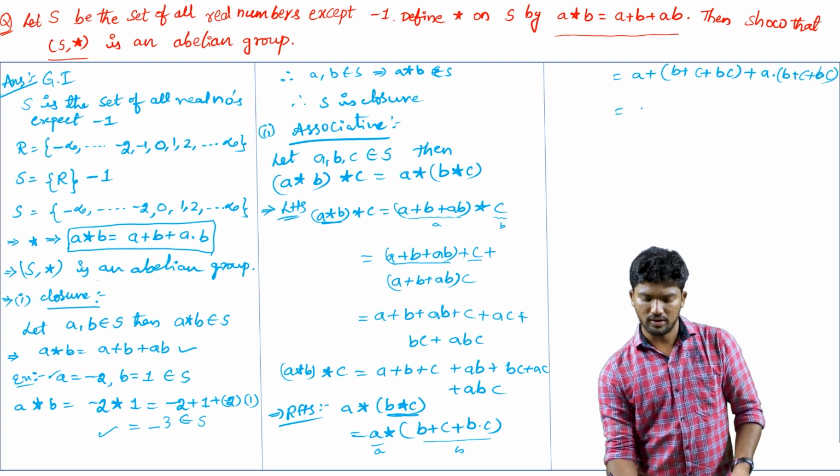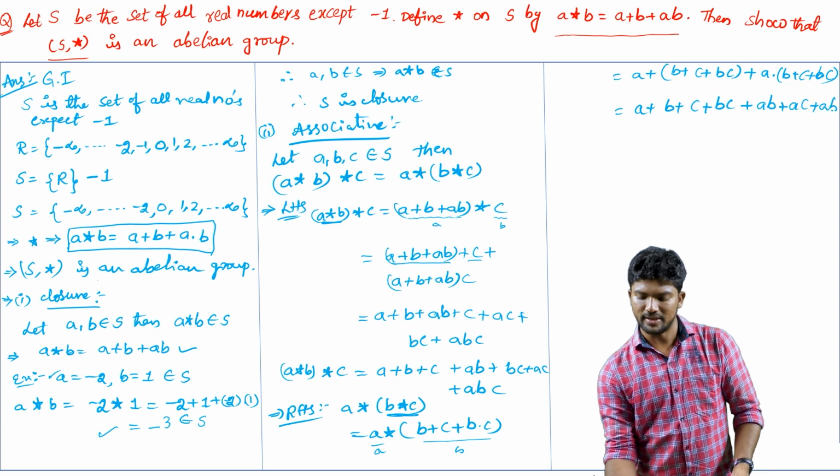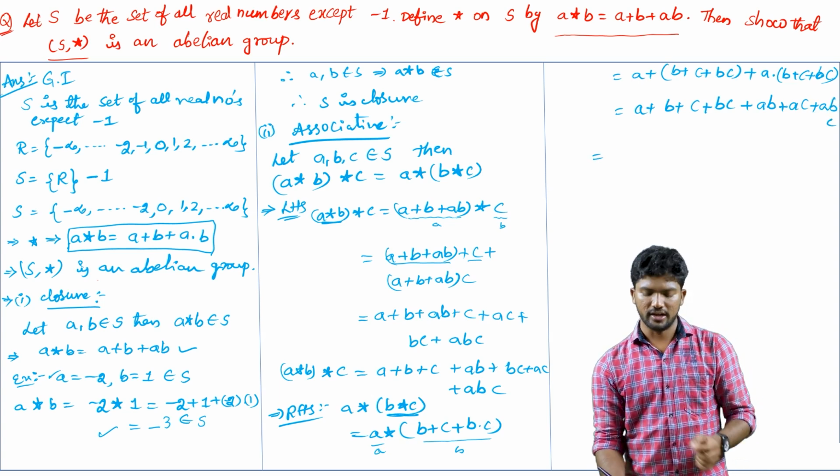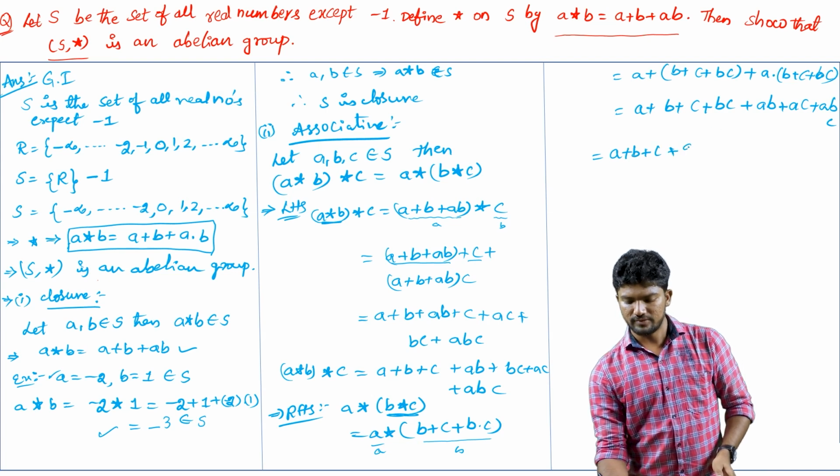Okay, so now simplify this value, A plus B plus C plus BC plus AB plus AC plus ABC. Okay, so now you can write in order wise A plus B plus C plus, first of all I am writing AB plus BC plus CA plus ABC.